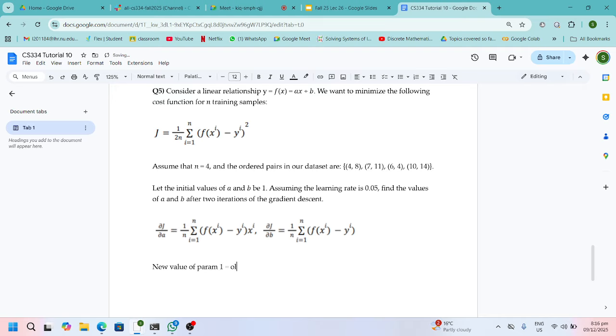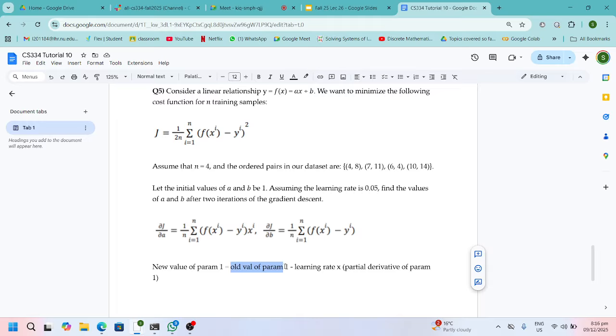New value of parameter 1 will be equal to old value of parameter 1 minus learning rate multiplied by partial derivative of parameter 1 with respect to your objective function. This is what your gradient descent equation is. ये आपको दिया हुआ है. यहाँ पे नहीं दिया हुआ, unfortunately, but you should be familiar with this. This is given to you in your slides as well.